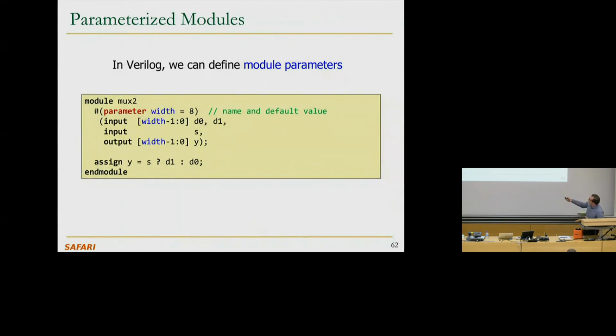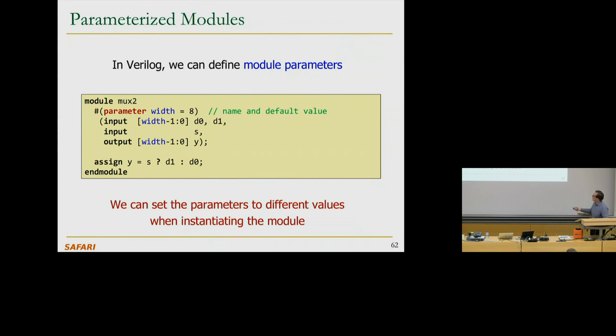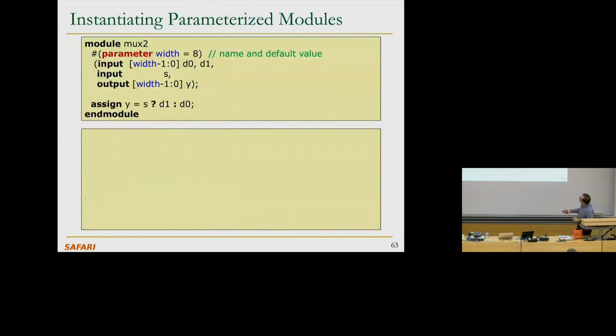The multiplexer's default value is 8, but you can change it. You can make it 16, you can make it 5, and it works with all different wire widths. Hopefully this is obvious, right? You don't want different modules for 4-bit, 2-bit, 3-bit muxes. You need to set the parameters for different values when instantiating the module. So let's take a look at an example. This is our module.